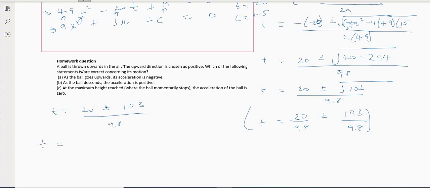So we say t is equal to 20 plus 10.3, all of that divided by 9.8, or you can say t is equal to 20 minus 10.3 divided by 9.8. When we do that maths, we get, let me just try it quickly, plus 10.3.